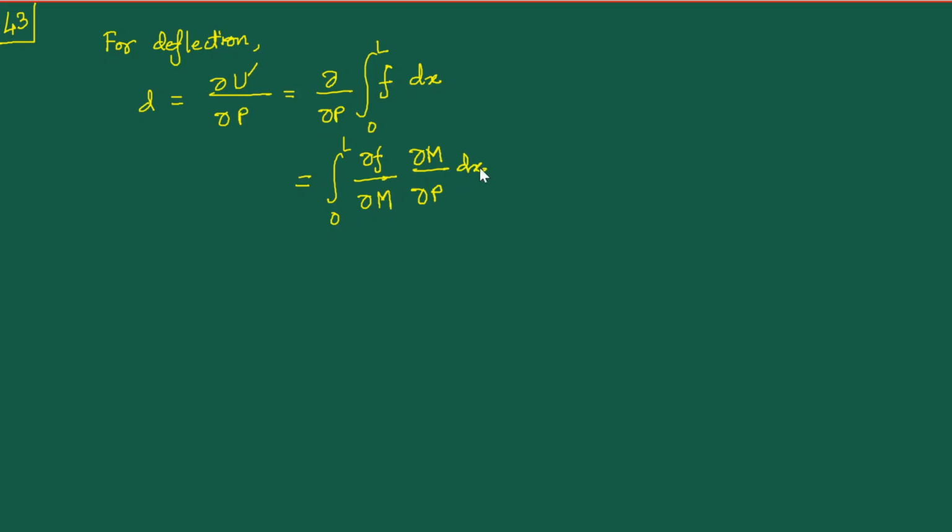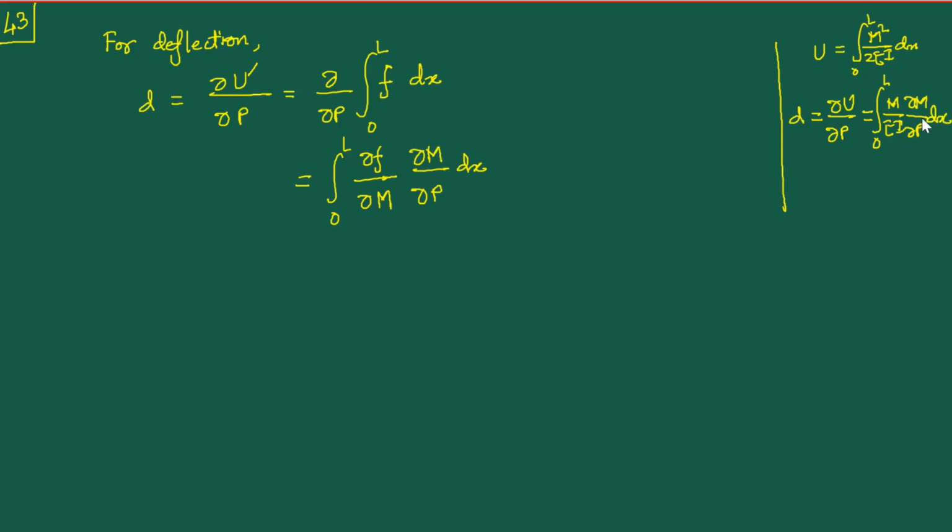Please note again, at every step you should try to draw an analogy with what we had done earlier. Earlier we had u is equal to integration from 0 to L of m square by twice EI dx, and then when we wanted to find out the deflection, what we did was del u del P, and we found that to be equal to the integral from 0 to L of m by EI del m del P dx.